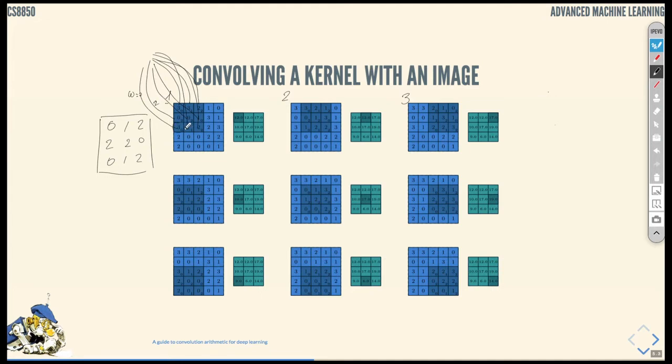So those inputs go through, multiply by the weights, arrive here, get summed up, and then pushed through a nonlinearity.